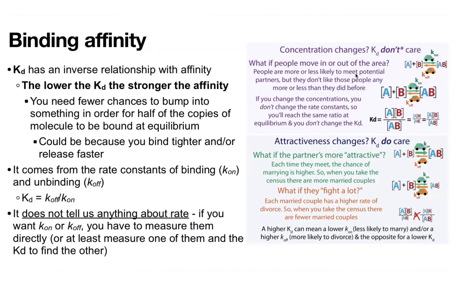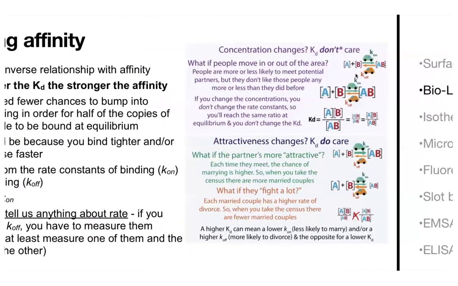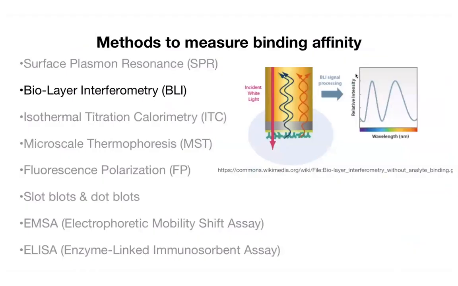We can't tell that from the KD alone, from equilibrium measurements, but we can tell it if we actually measure binding kinetics. In class on Friday, we talked about different ways we can measure binding affinity, SPR, BLI, etc., and how some of these techniques, like SPR and BLI, actually allow us to measure binding kinetics.